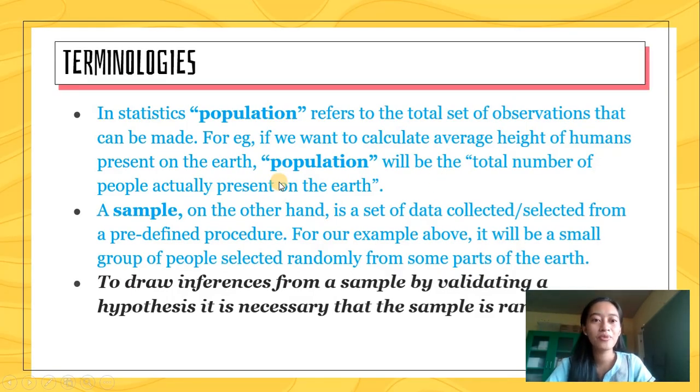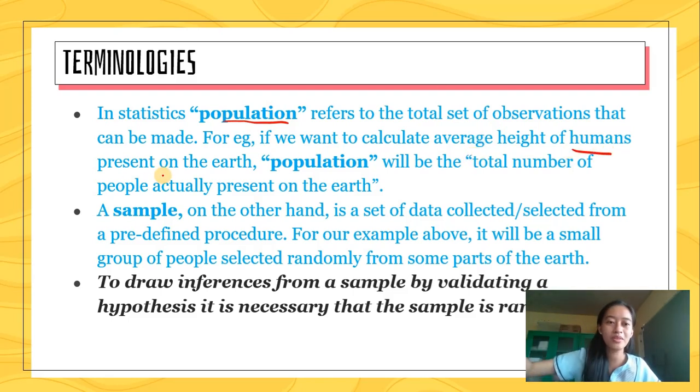Okay, so before I go further on, let's have some terminologies to remember. In statistics, we have the terms population and sample. So population refers to the total set of observations that can be made. For example, you want to calculate the average height of humans, all humans present on Earth.